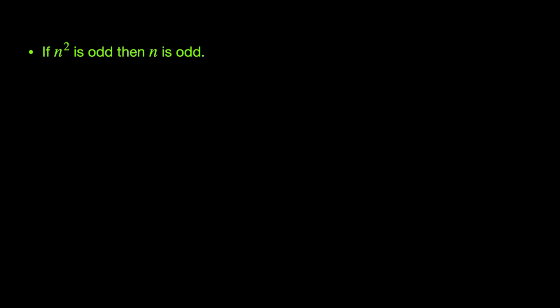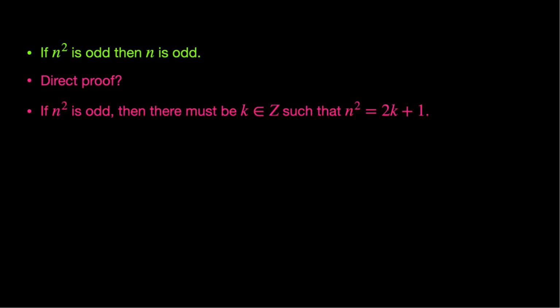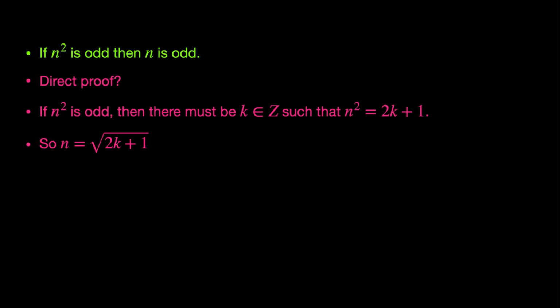So, okay, let's start with direct proof to see if we can use direct proof to solve it or not. In this example, P is n squared is odd and Q is n is odd. So, okay, I know n squared is odd based on my assumption P. If n squared is odd, there must exist an integer k such that n squared is equal to 2k plus 1. But what can I say about n?